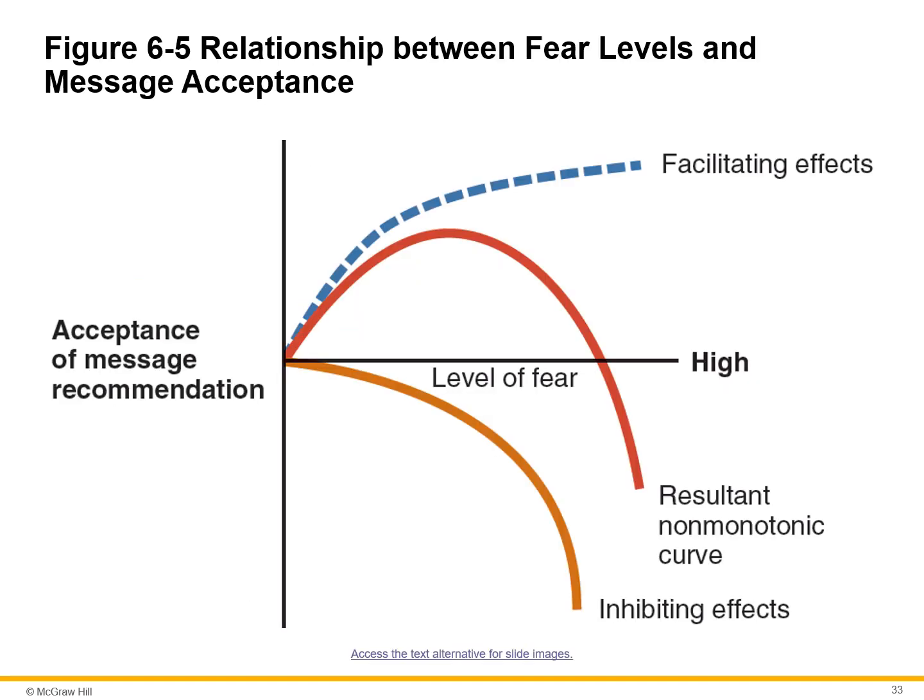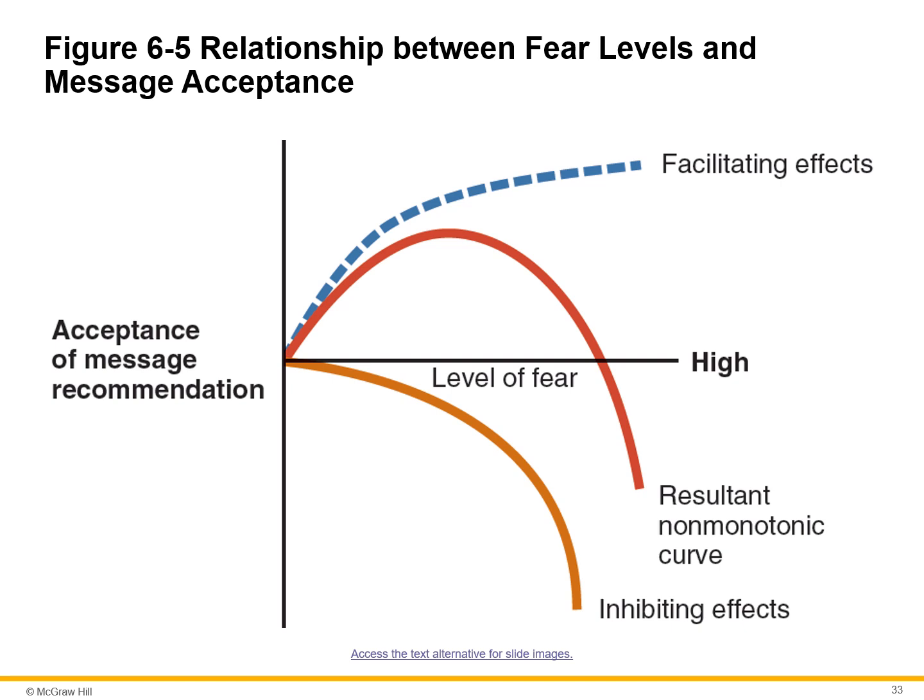This chart shows the relationship between fear levels and message acceptance. On the y-axis is acceptance of the message recommendation. This dashed blue line is the facilitating effect of fear: the higher the level of fear, the more acceptance.